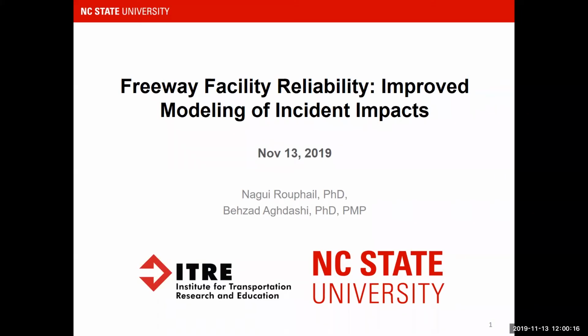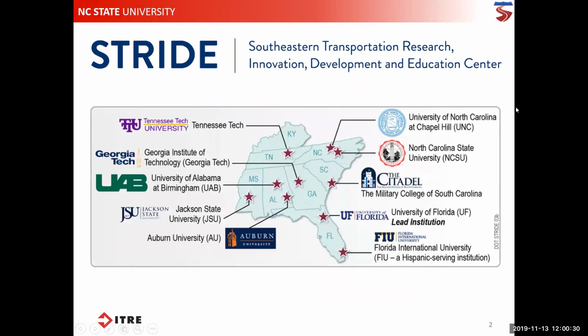We are pleased to host this webinar, whose title is Freeway Facility Reliability, Improved Modeling of Incident Impacts. Just to mention that NC State is part of a consortium of 10 universities within the STRIDE Center, which is the Region 4 Southeast University Transportation Center, with University of Florida as the lead institution.